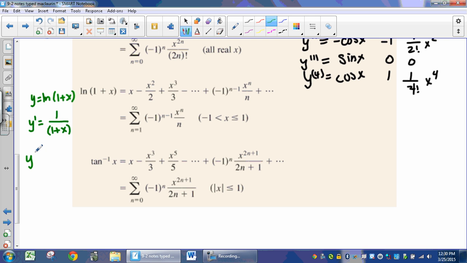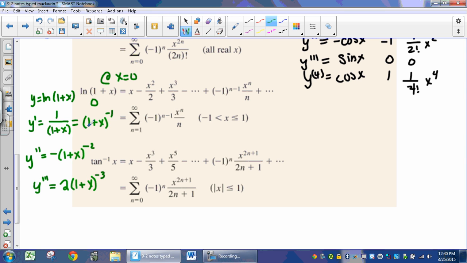And then all my derivatives after that are really going to be power rules, because this is 1 plus x to the negative 1. So negative 1 plus x to the negative 2. y triple prime is going to be positive 2 times 1 plus x to the negative 3. And then when we plug in x equals 0, the original function is 0.